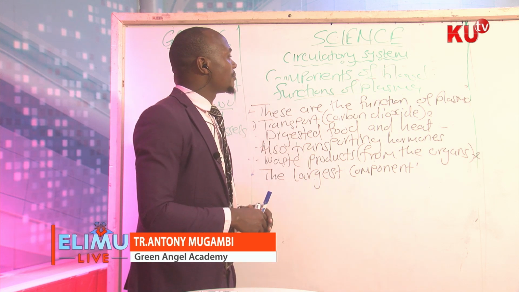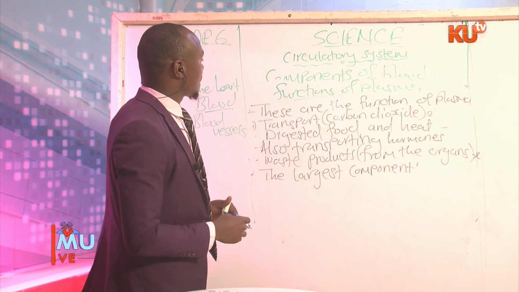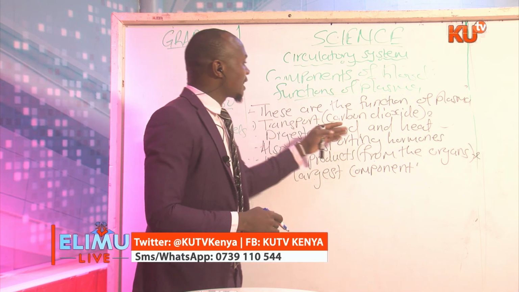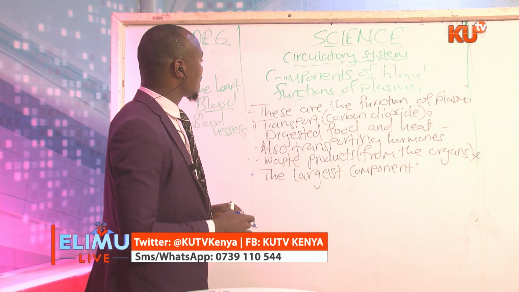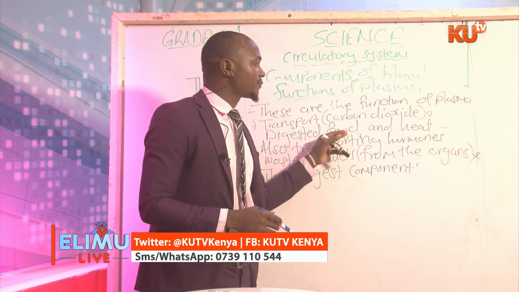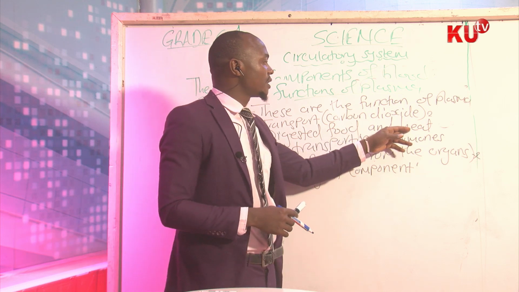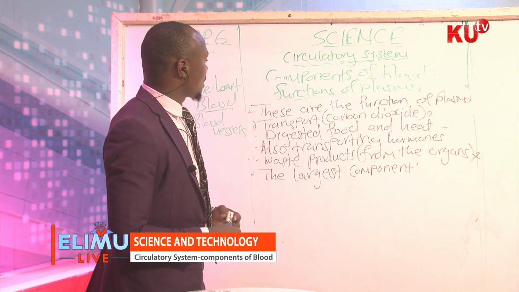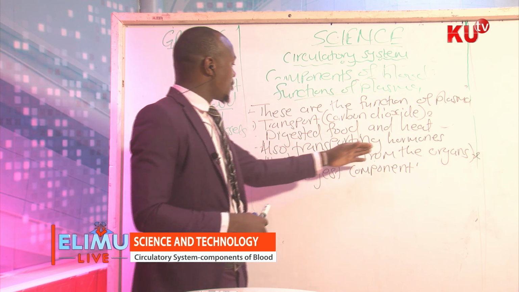With those, you will be able to note that, as we have discussed, the plasma transports the waste product. In this case, carbon dioxide is one of the waste products which is excreted by the lungs. We have transport of digested food. We have also talked about transport of heat, which is being transported from the liver. We have also talked about the transport of the hormones.